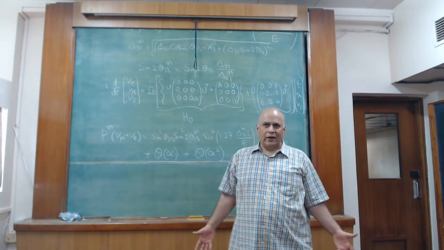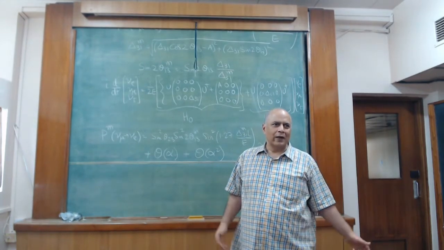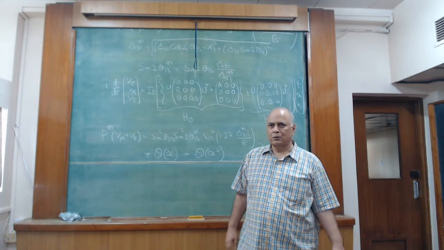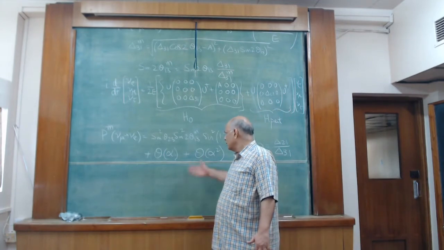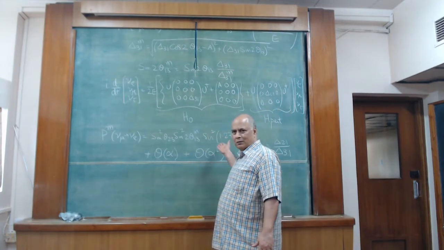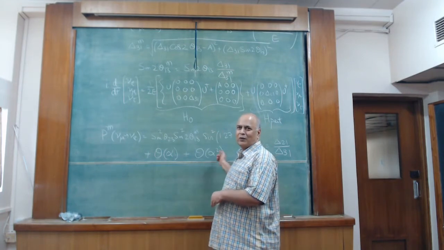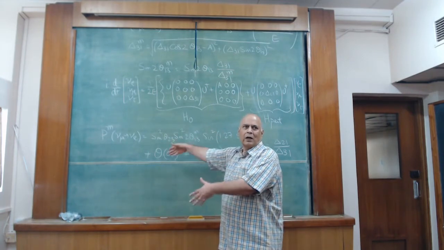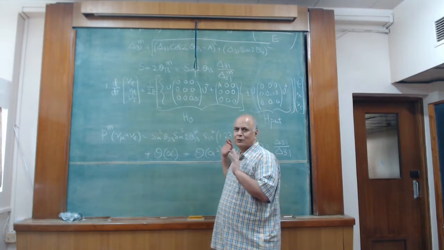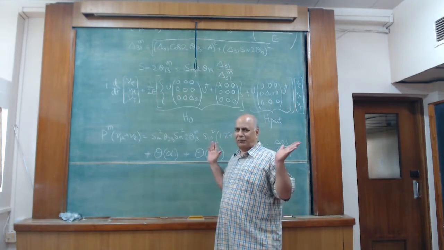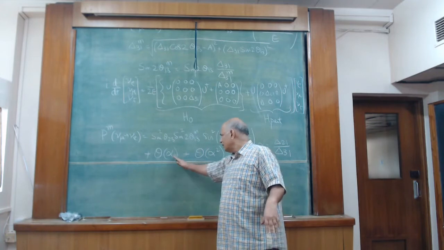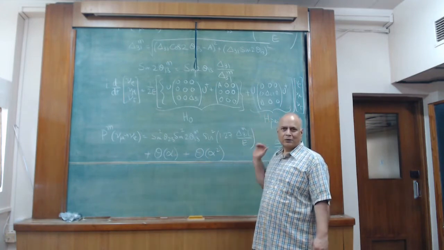So if you are doing a calculation, you can't neglect second order of a non-zero quantity with respect to a zero quantity. So just to be safe, people did this calculation up to second order.